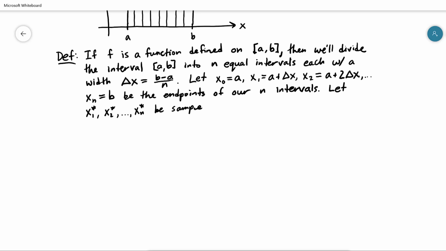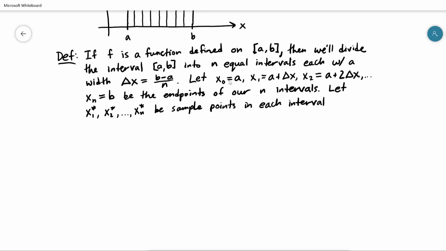So these are going to be the sample points in each interval. So each interval gets one sample point, meaning that this first sample point here needs to occur between the first two.